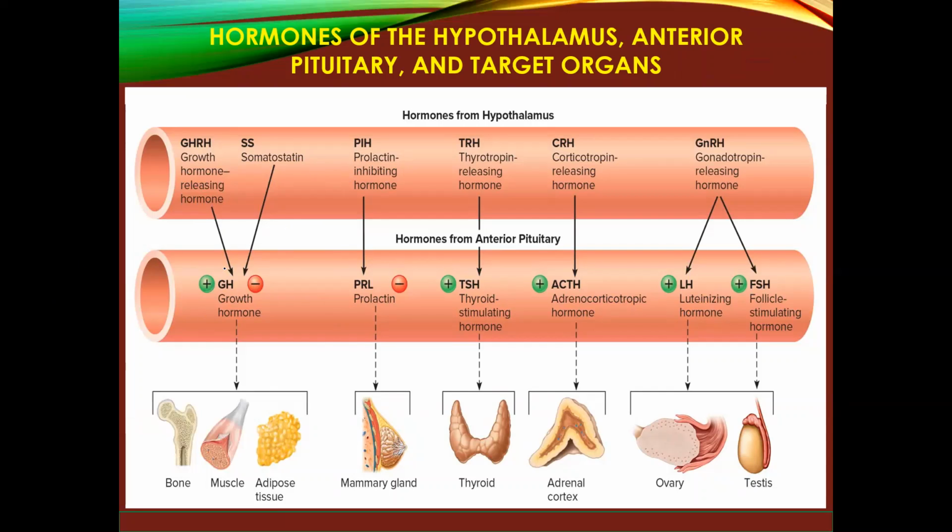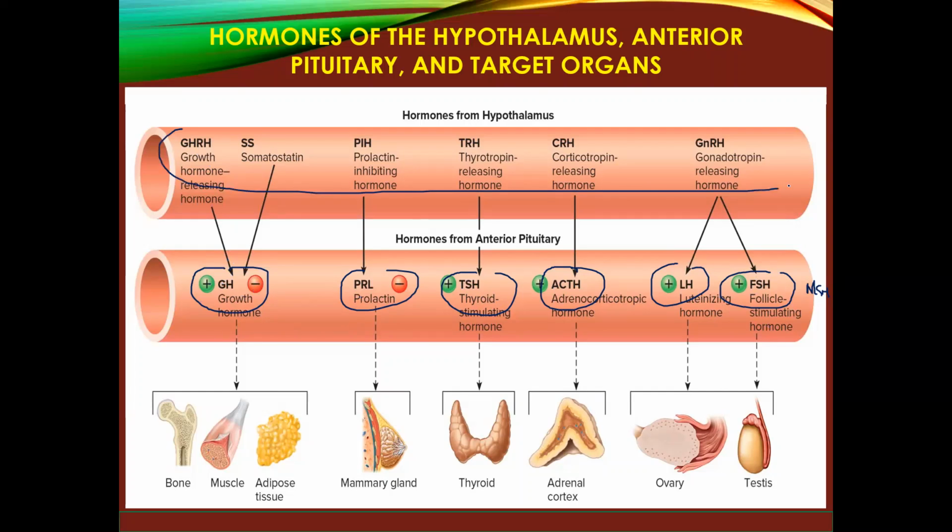Okay, so these are the hormones produced by the anterior pituitary gland: growth hormone, prolactin, thyroid stimulating hormone, ACTH, adrenocorticotropic hormone, luteinizing hormone, FSH, and maybe one more over here is MSH, melanocyte stimulating hormone. Okay, so all of these 7 hormones are actually controlled by hormones produced by the hypothalamus.